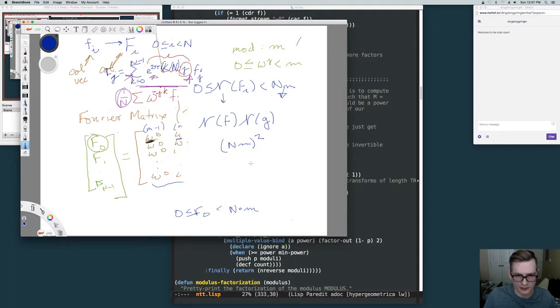Again, if I write this out, if we have 1, 2, 3, and so on, as our transform sequence, and we have another transform sequence, 4, 5, 6, and so on. This would be nf, this would be ng.